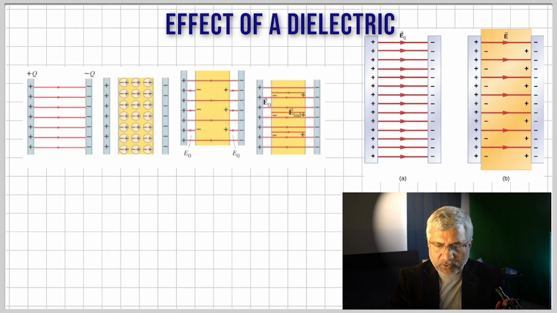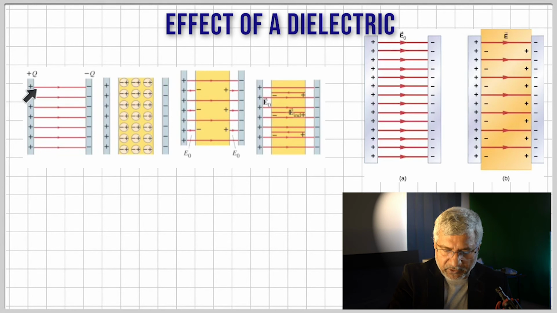Okay. So when you look at this, here you do not have a dielectric. You only have two parallel plates, and this is the direction of the electric field, always from positive to negative. But then when you have a dielectric between them, notice what happened. The center of the positive of each molecule has shifted. See that? The center of the positive has moved in the direction of the field, and the negative has moved opposite. Do you see that?